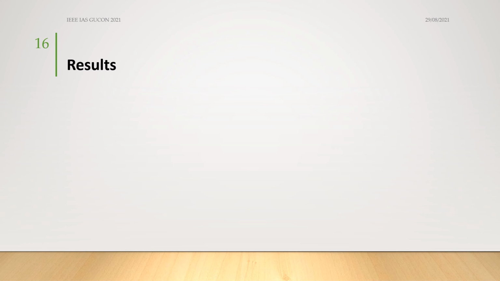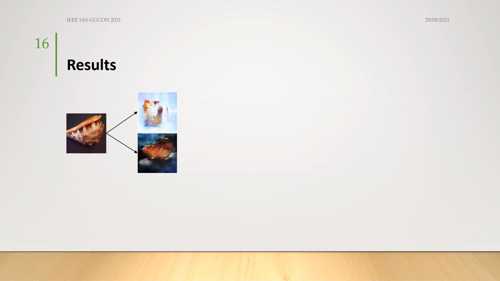For quantitative analysis, we use two-way pixel-wise comparison. The original image is compared with the image generated from its respective fMRI and with an image generated from an fMRI which is randomly selected from the test set. It is considered a loss if the image generated from the randomly selected fMRI scores higher, and it is considered a win if the image generated from the fMRI corresponding to the original image scores higher.